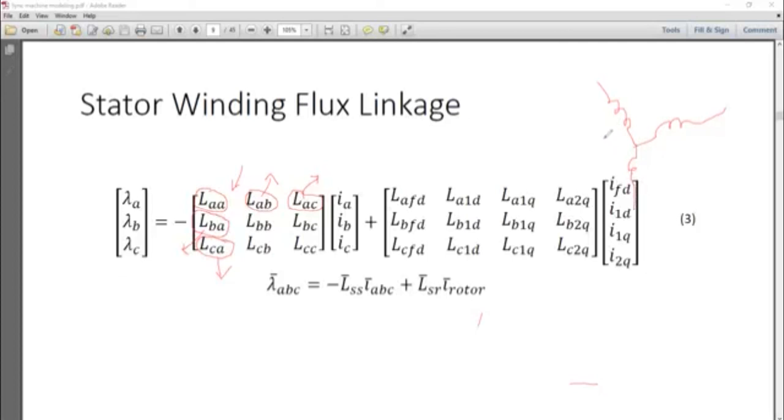You are trying to calculate the mutual inductance between these 2 coils. If you look from here to here, let's say this is coil A, this is coil B, what you get is LAB, right? Instead, if you stand here and look from here to here, what do you get? LBA, right? Now, are they same?